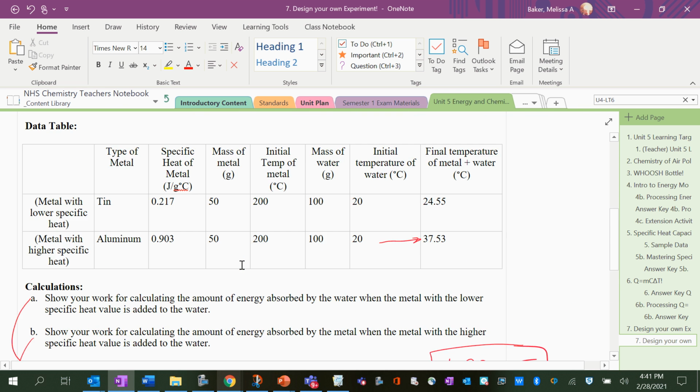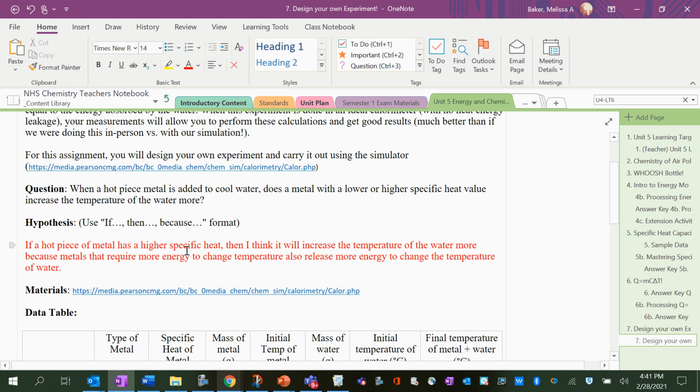I guess I should really have phrased this in a different way. Sorry, I'm going to change this up. When a hot piece of metal is added to cool water, does a metal with a lower or higher specific heat value result in a larger absorption of energy by the water?